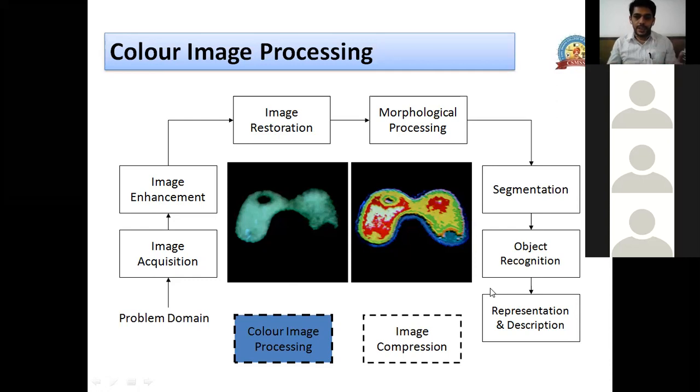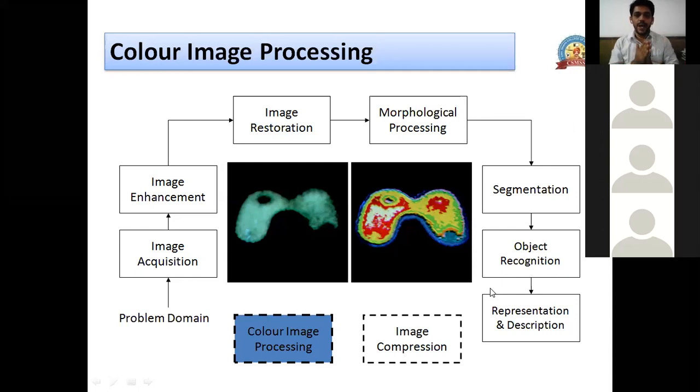So what is that 100 by 100? It is nothing but 100 pixels by 100 pixels. So in total, how many pixels are there? 100 multiplied by 100, so total it has 10,000 pixels, right?